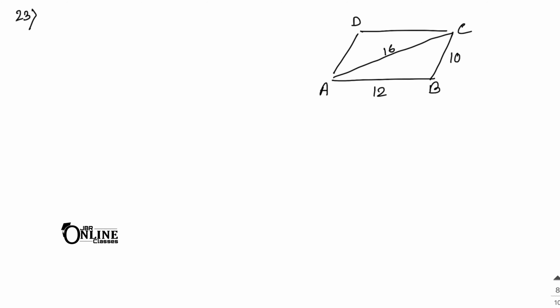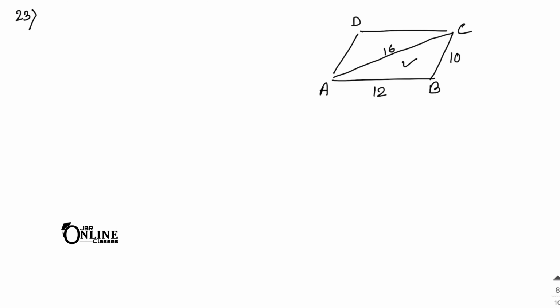Okay, so to find out the area, you also need the height of the parallelogram and the distance between the shorter side. So first you have to find out the area of triangle ABC, because you don't know the height of that parallelogram. AC bisects the parallelogram into two parts.